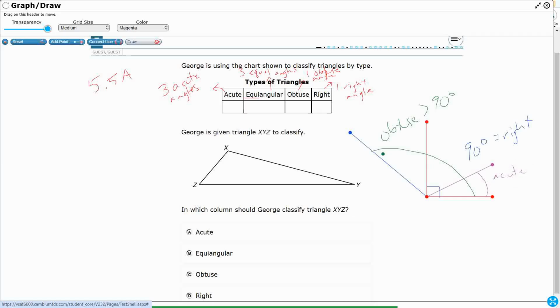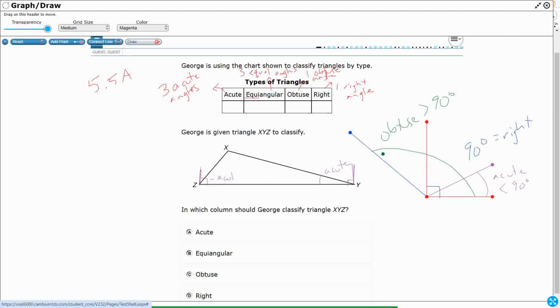So those are going to be our benchmarks here. And so take a look at this. Y definitely looks acute because I would say a right angle is right here. So that's less than that, so that's acute. And then Z also, if that's my right angle, that's less, that's also acute.